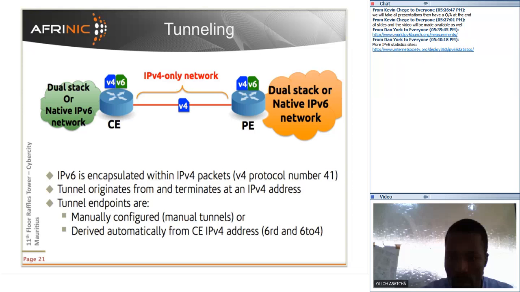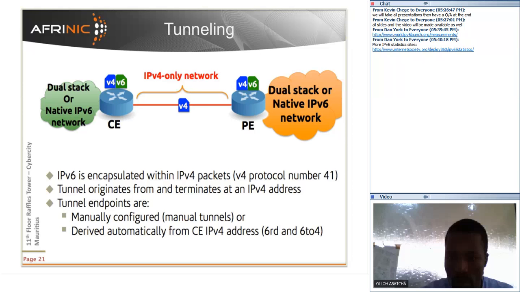There are different kinds of tunnels. They could actually be either manual or automatic. And something I probably should have mentioned when I first talked about the transition mechanisms is there is no one right way. There is no best way to do this. You need to examine what you have on your network, and there's no one size fits all.